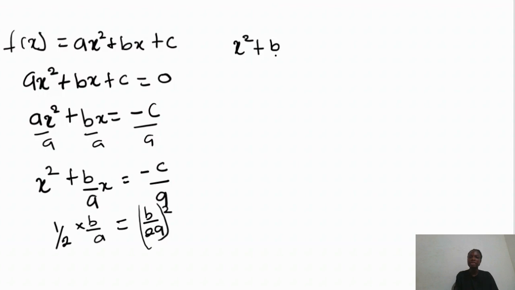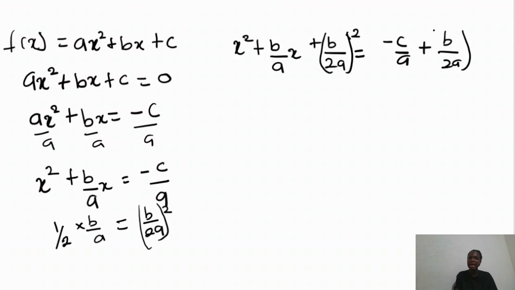So we are going to get x squared plus b over a x plus b over 2a all squared equal to negative c over a plus b over 2a all squared.